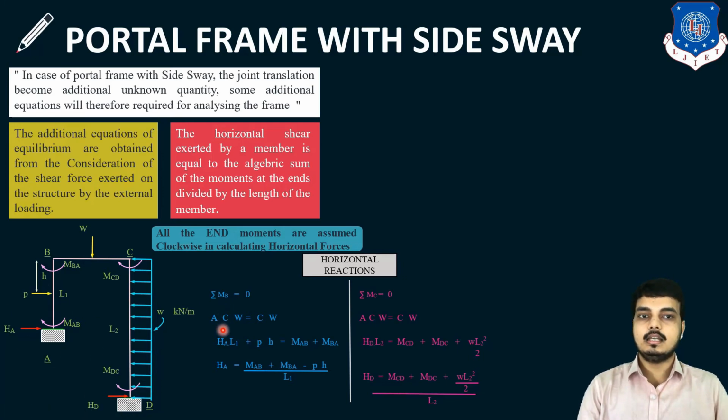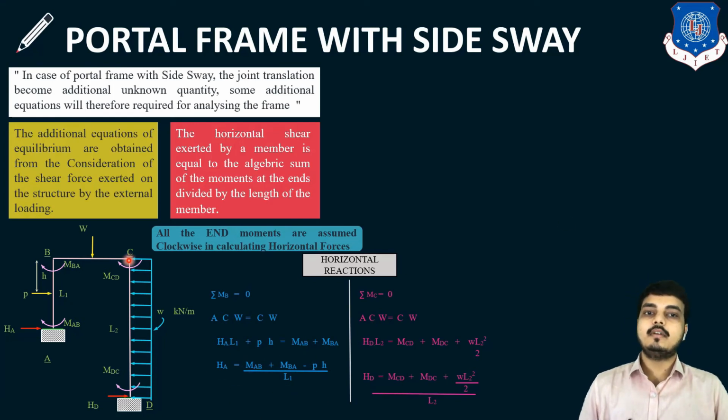So let's see, anti-clockwise equals clockwise at point B. This is my clockwise moment: MAB plus MBA, and the only horizontal force is P, so P into H, plus to find this reaction we have to multiply this reaction by the particular length, so HA into L1. After solving this and making HA the subject, we find HA equals MAB plus MBA minus P into H upon L1. So this is my first equation for HA.